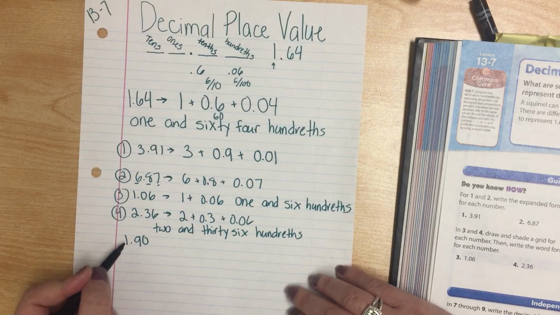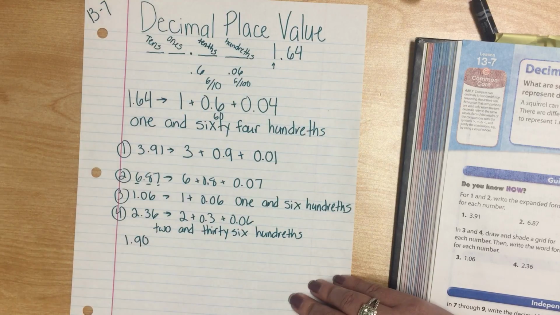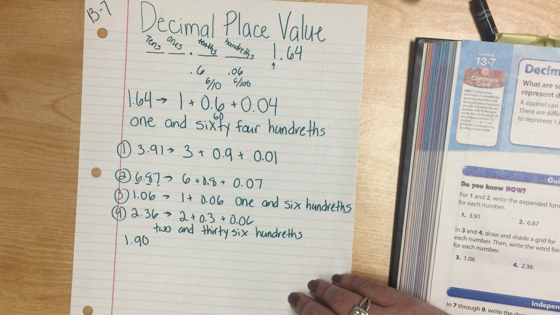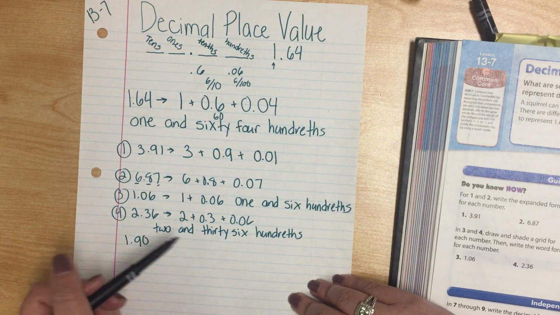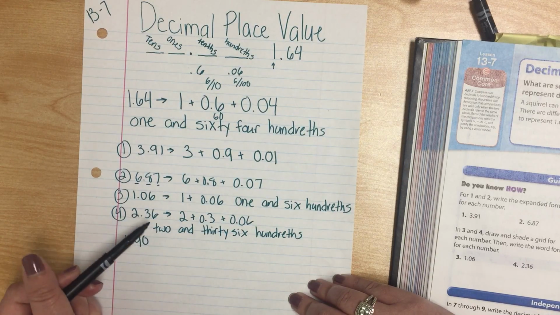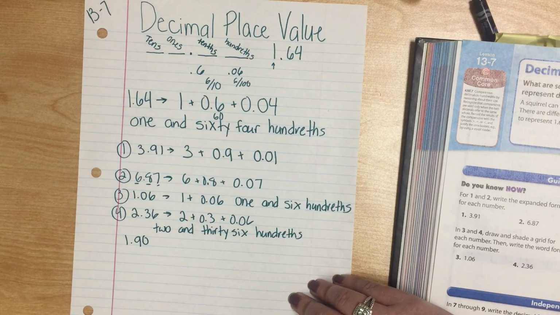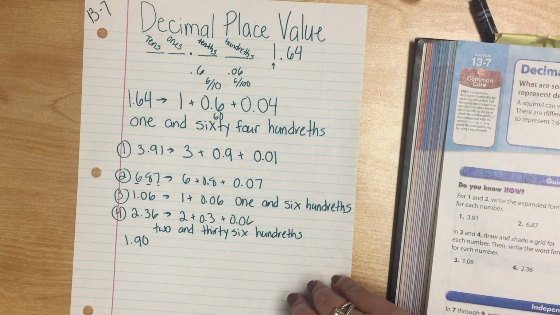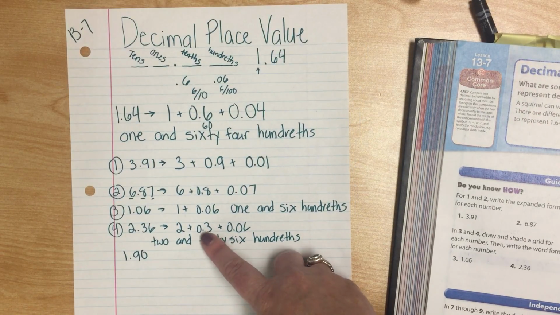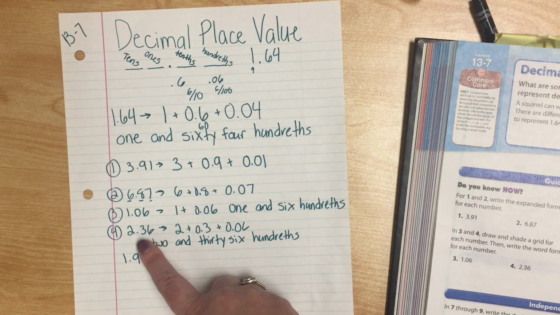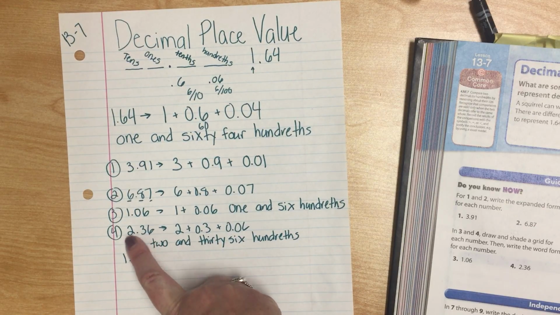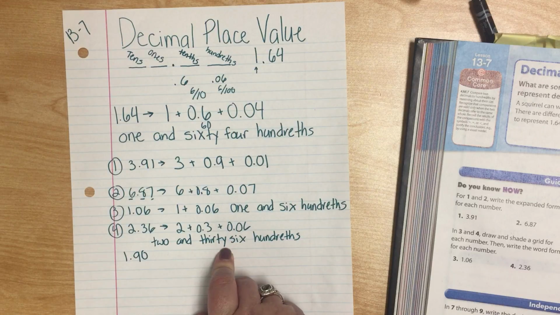Then that would be 1 and 9/10. That would be the only time you'd ever write it. Because would I say 2 and 30/10 and 6/100? No. That's reading it maybe as an expanded form, but as this, I'm reading it like this.